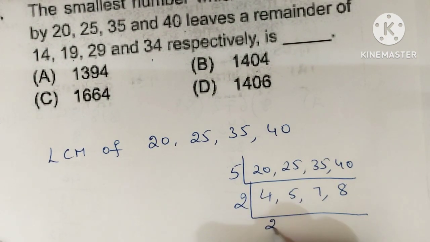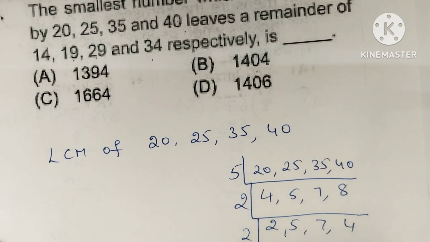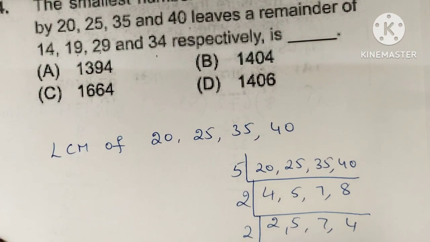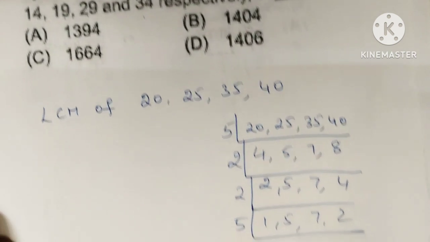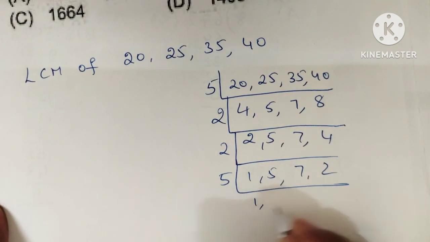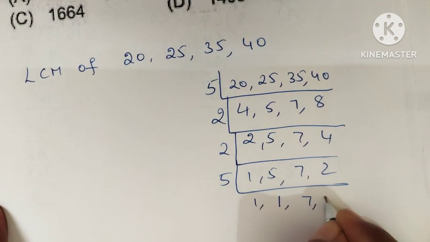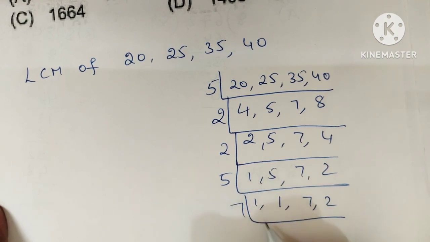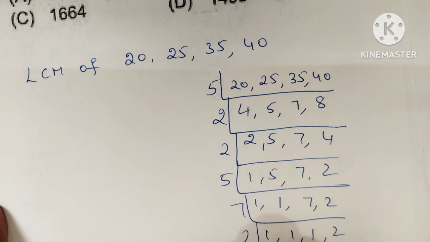Then 2 table: 2 2s, 5, 7, 4. Again 2 table: 2 1s, 5, 7, 2. Then 5 table, 7 1s, and then 2 table.